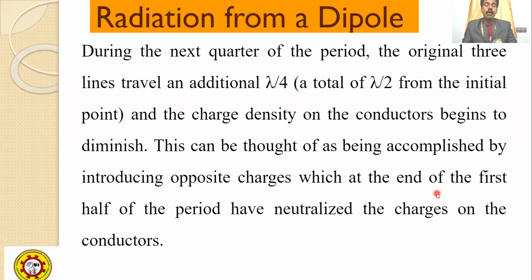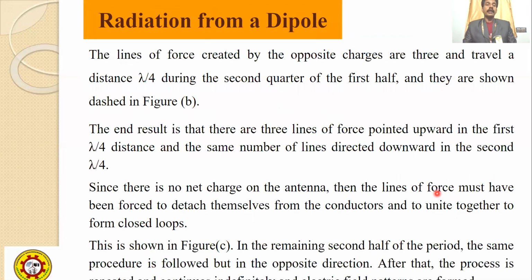So radiation is accomplished by introducing opposite charges at the end of the first half of the period, which neutralize the charge on the conductors. These lines of force created by opposite charges travel along lambda by 4.